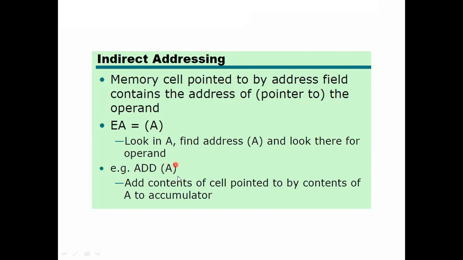Add, so here the brackets of A, add the contents of cell pointed to by contents of A to accumulator. Okay amma, so this is about the indirect addressing mode.